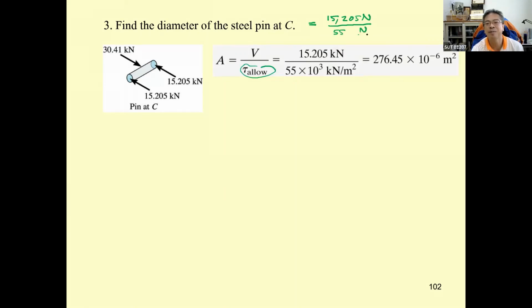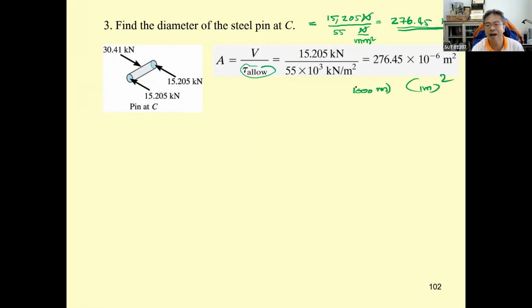So by putting this one, N will cancel N, and this one will be millimeter square. 15205 divided by 55 is going to be 276.45 millimeter square.